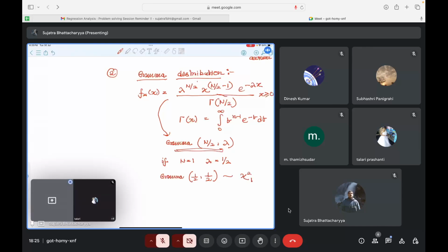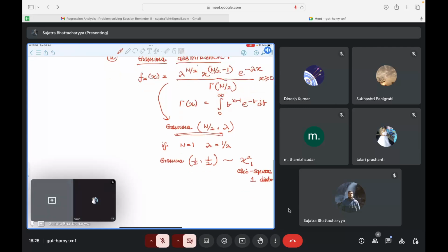You will be using this chi-square 1 distribution. So gamma of half comma half, if you put in n and lambda, gives the chi-square 1 distribution.